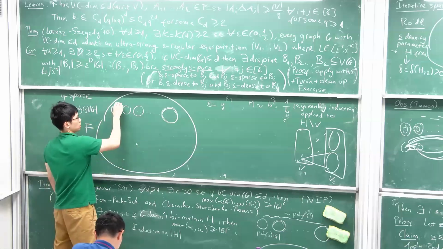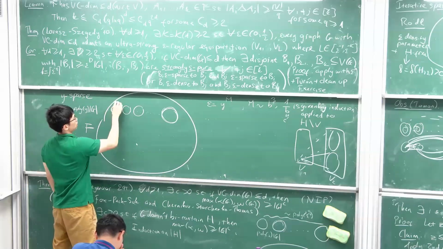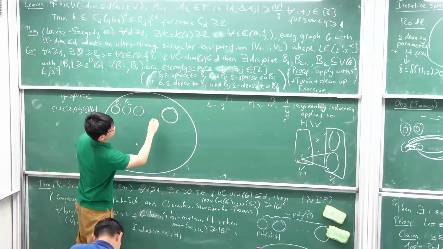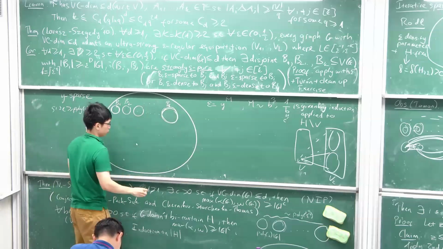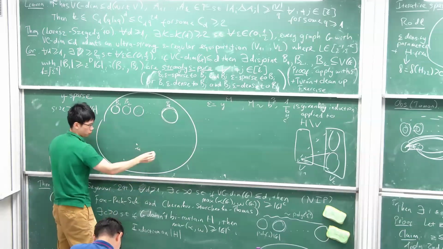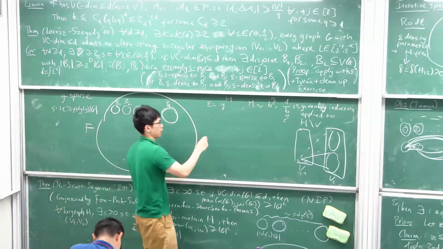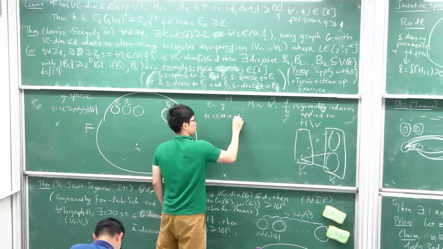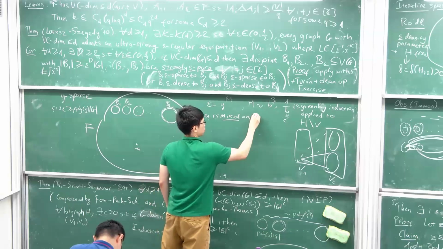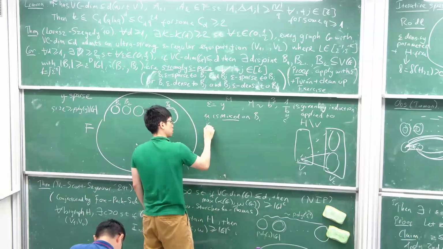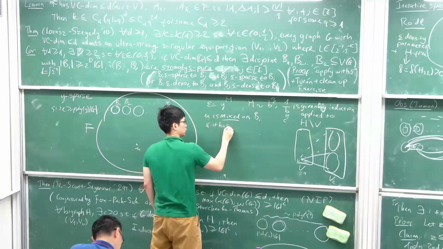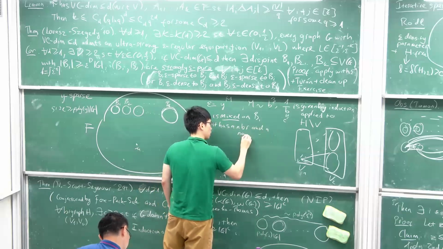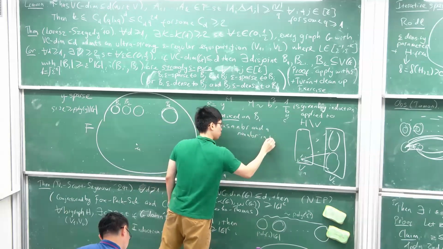So let me say here I have B1, B2, to BK. And here is a vertex U outside, still in F, but outside of the blocks. So U is mixed on some BI. It has a neighbor and a non-neighbor in BI.